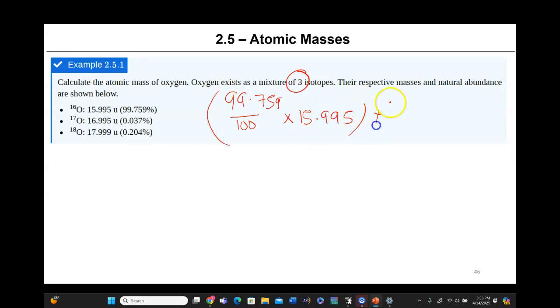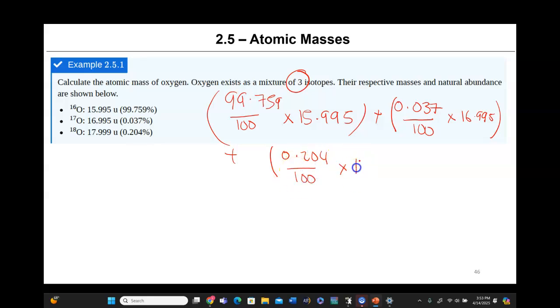We do that for every isotope, and we add them all together. And then the last isotope, and then when we average that, we end up with 16.00 AMU.